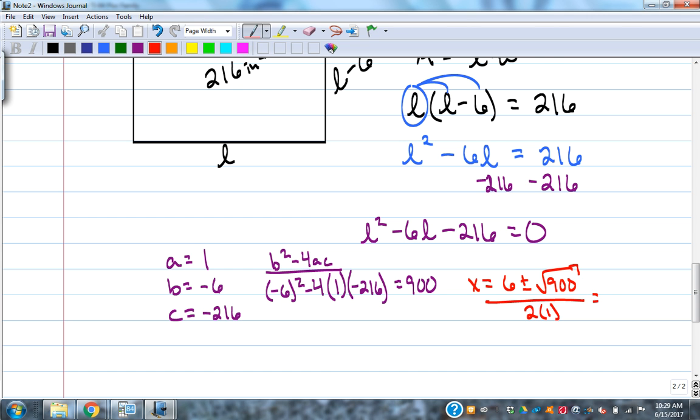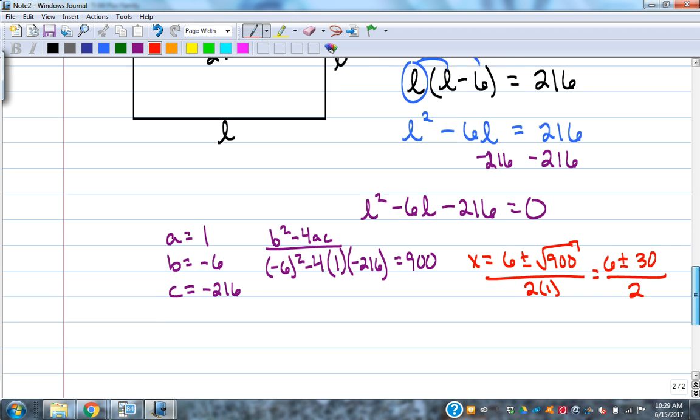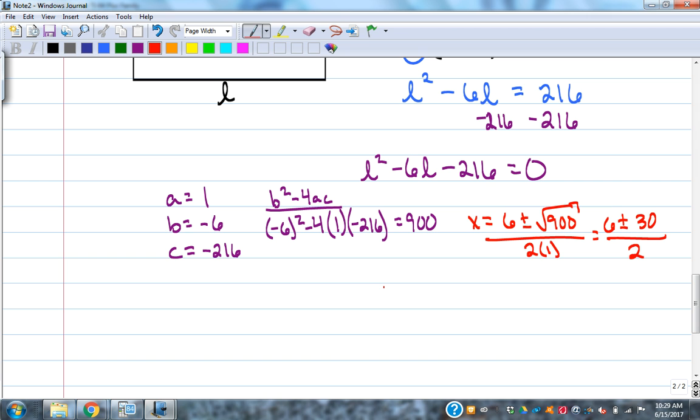That works out to be 30. So we have 6 plus or minus 30 over 2. I used X, it should be L. We're finding the length here. 6 plus 30 over 2. 6 minus 30 over 2.